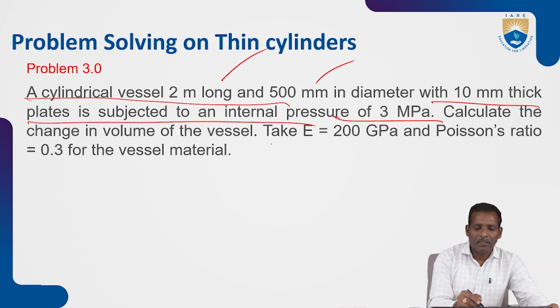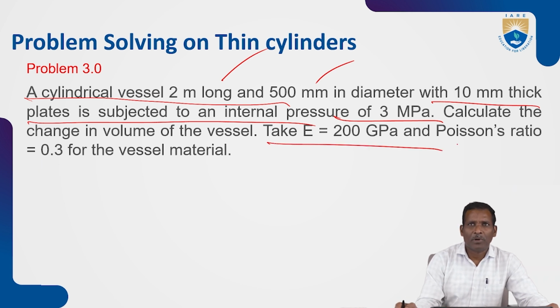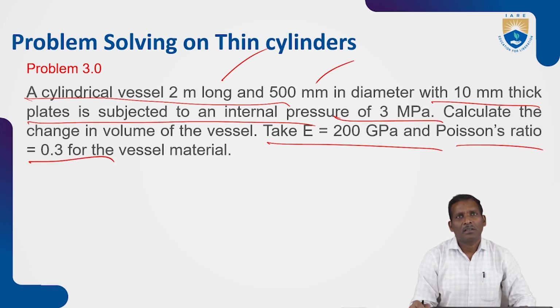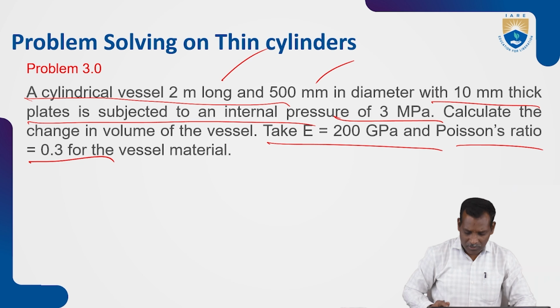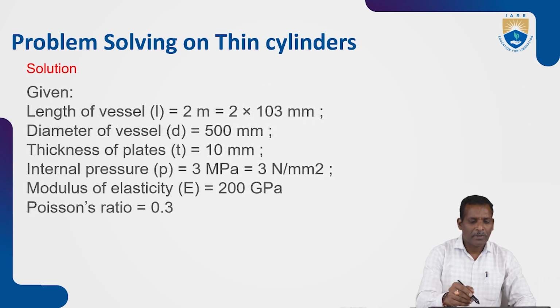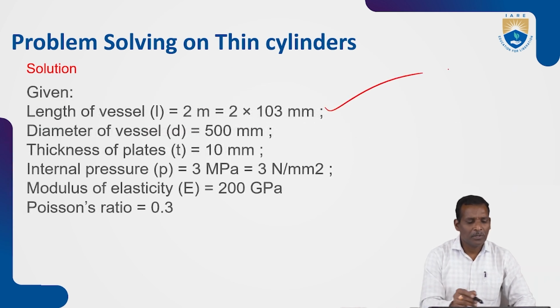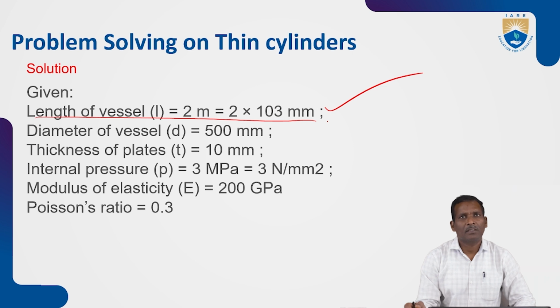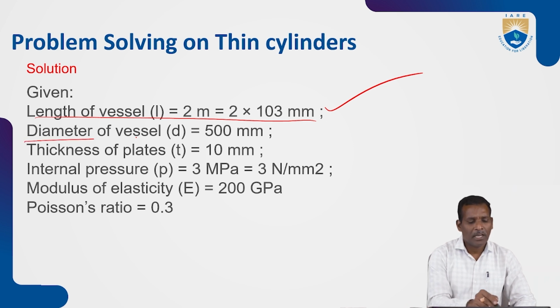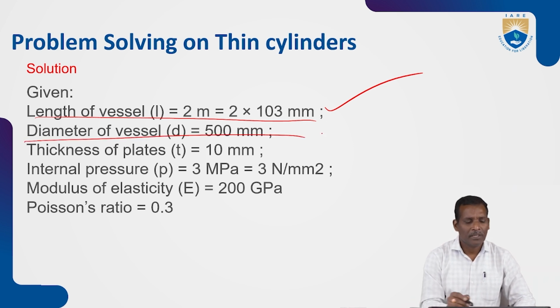So take E is equal to 200 gigapascal and Poisson's ratio is 0.3. For the vessel material, the Poisson ratio is 0.3. So the given data, write down the given data, length of the vessel 2 meters, diameter of vessel 500 mm. Thickness of the plate 10 mm.